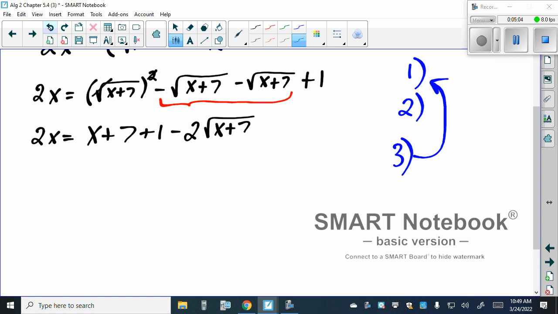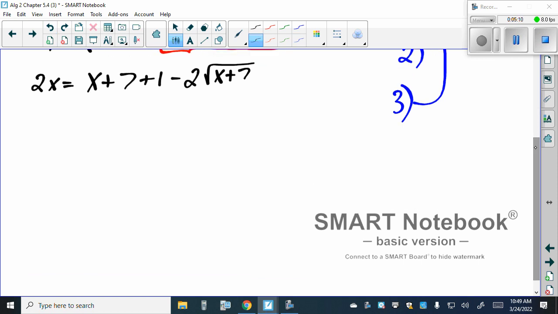Now at this point here, we can go on and start trying to move things, or, well, we still need to add the 7 and 1. If you've already added it, that's perfectly fine. I'm going to go on and just rewrite it with plus 8. Now at this point here, we've got to get the radical by itself.